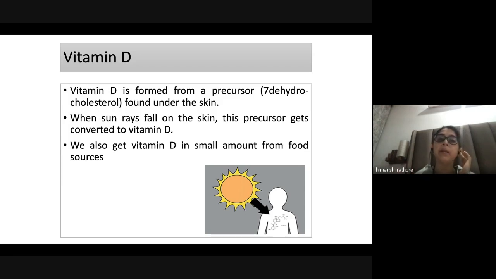If you want your bones to be strong, you need a sufficient amount of sun rays. So from where are we getting vitamin D? From the sun.